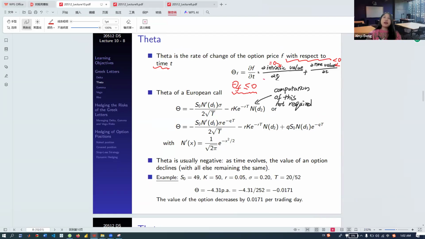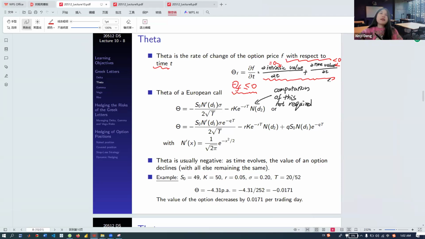It can be derived via total value is equal to intrinsic value plus time value. Since f is equal to intrinsic value plus time value, the first order derivative of f with respect to t can be written as the sum of the first order derivative of intrinsic value with respect to t and the first order derivative of time value with respect to t.